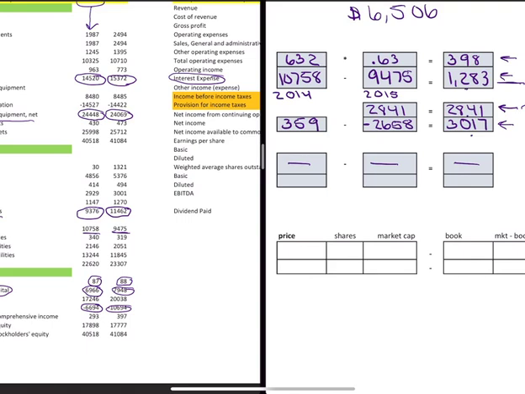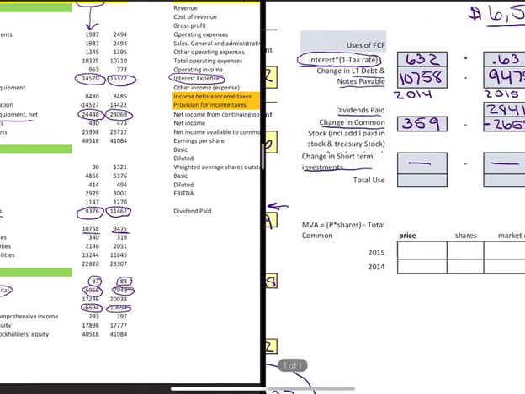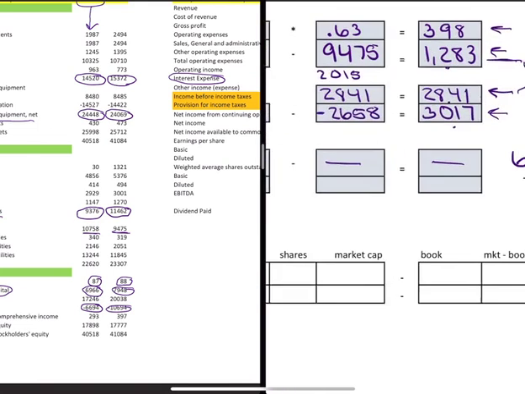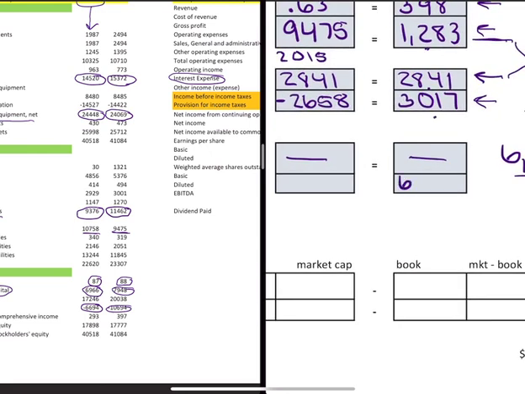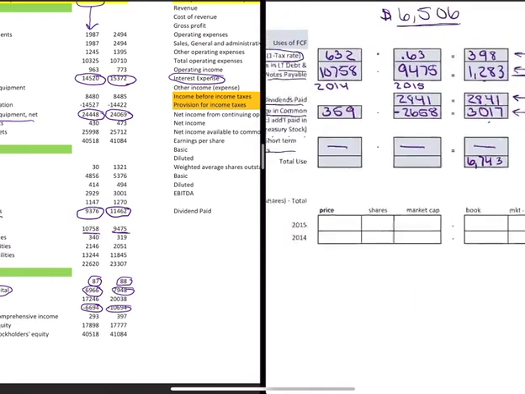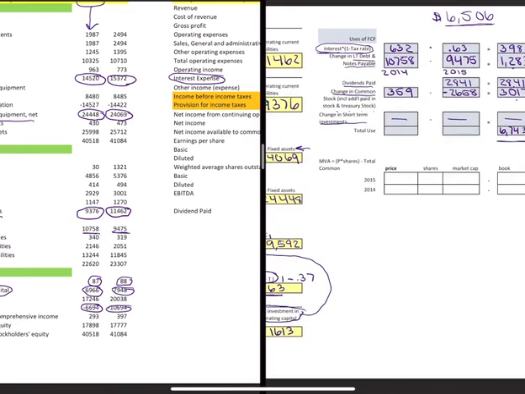So when we subtract the 398, we're going to get 6,742.84, which is close to 6506, but again, not exact. So I'm going to put this here for total use. 6,742, and I'm just going to round that, actually. 6,743. Okay, so that is how they used their free cash flow.